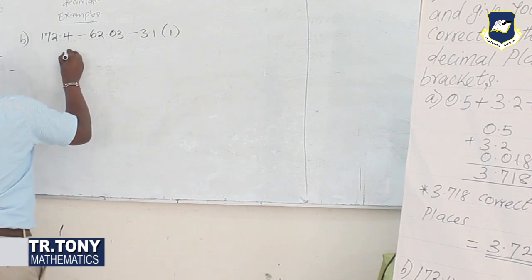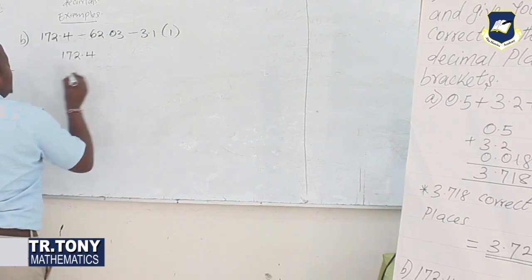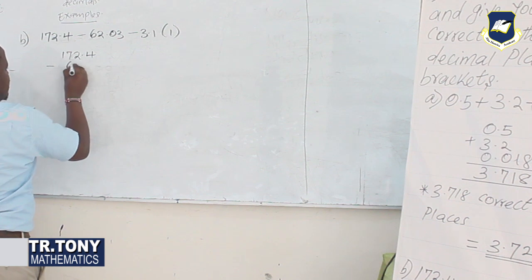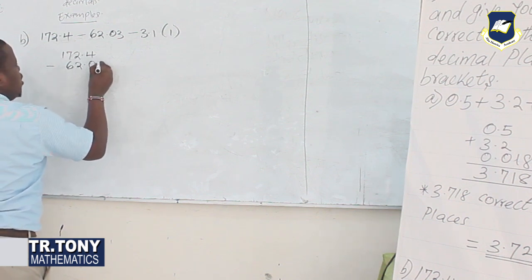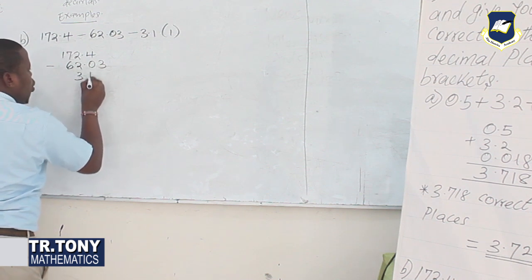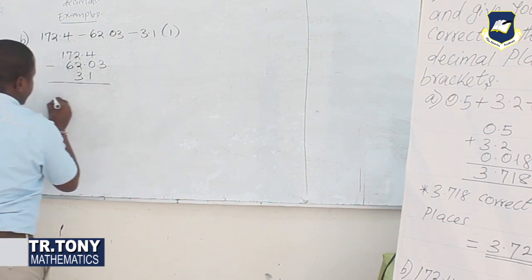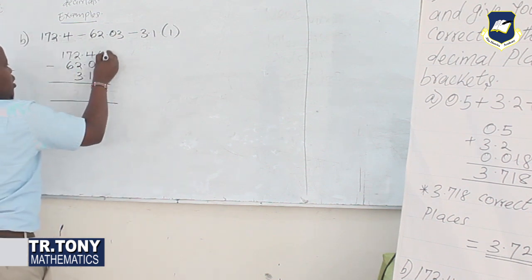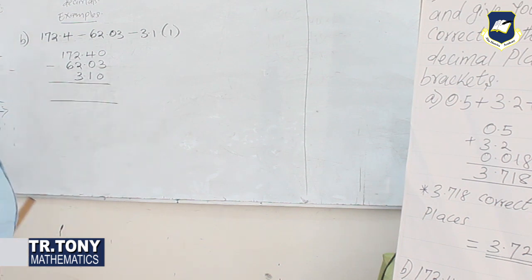Then this becomes 172.4 subtract 62.03 subtract 3.1. You can as well add zeros there.